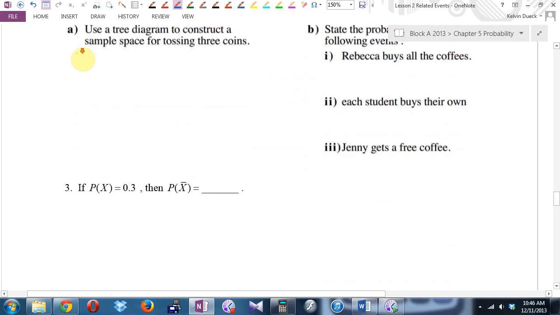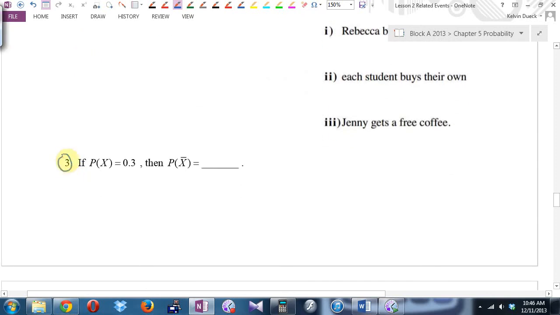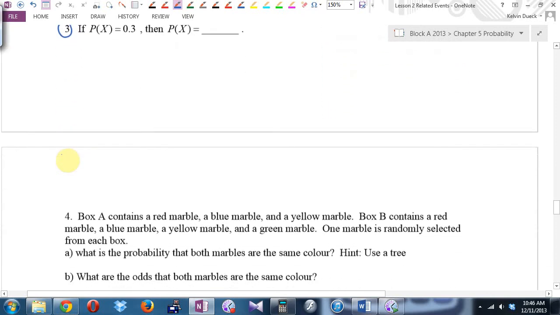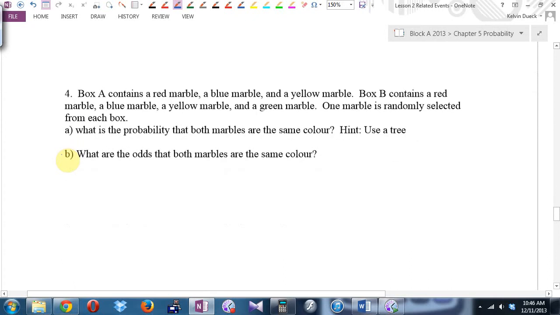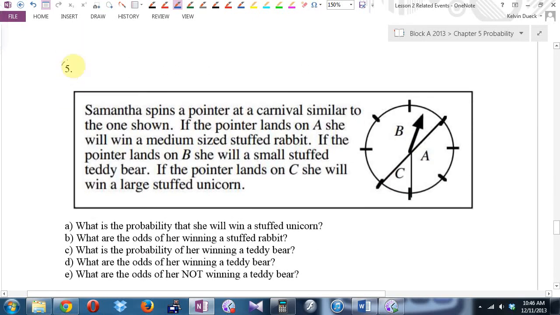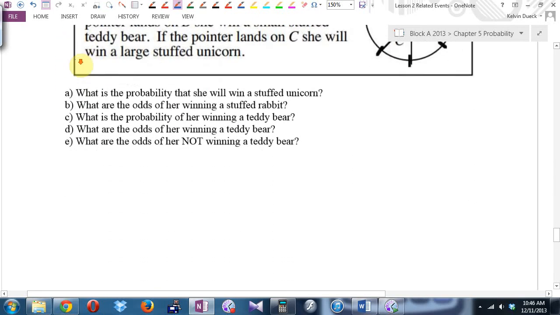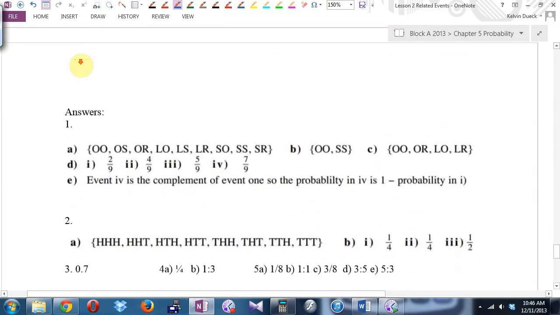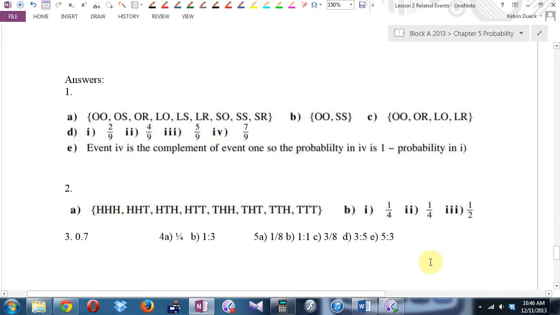Skip 2. 3 is good. Four is good. 5 is good. And I did attach the answers.